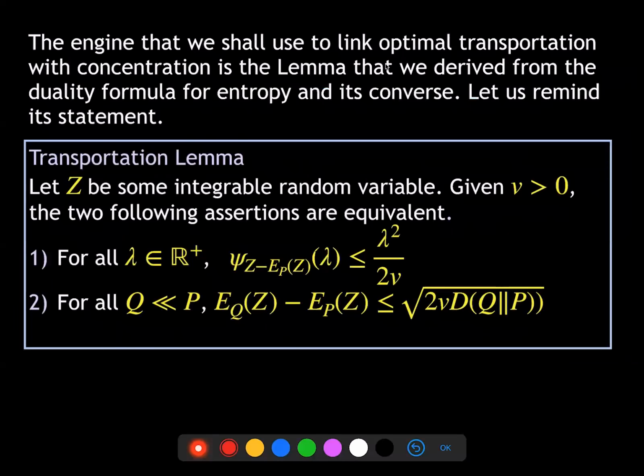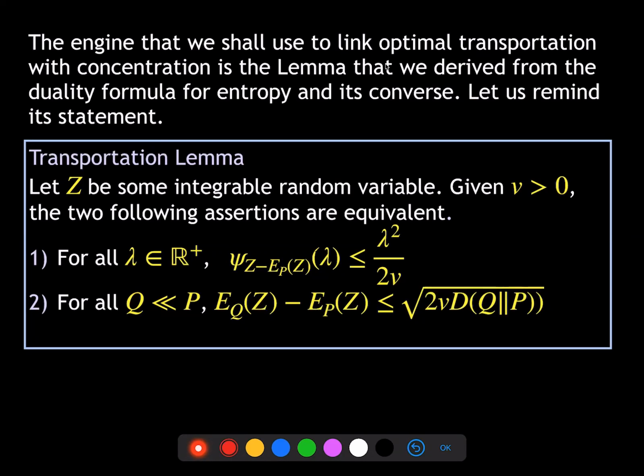So to establish the link between transportation and concentration, the engine that we shall use is the transportation lemma that we have already seen together. This was a consequence of the duality formula for entropy and its converse.